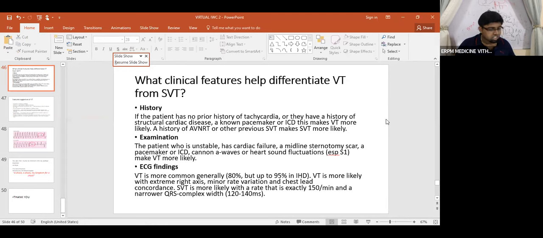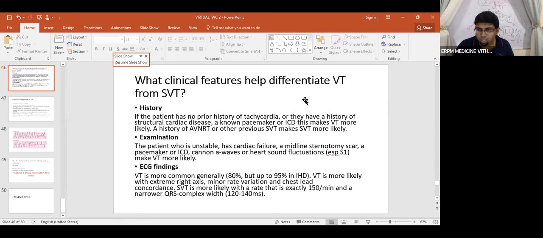If the patient has no prior history of tachycardia, or if they have a structural heart disease, if the patient is on a pacemaker, or if the patient is on a cardiac defibrillator, VT is more likely.